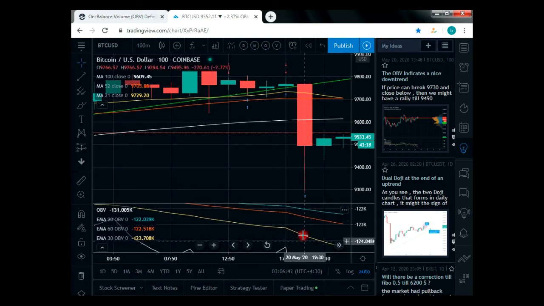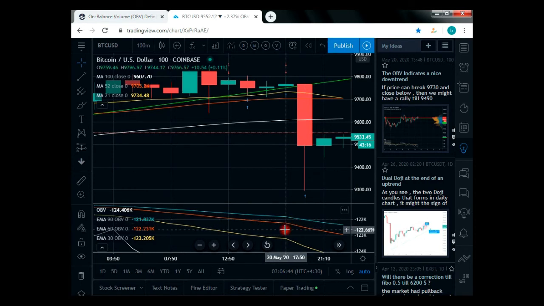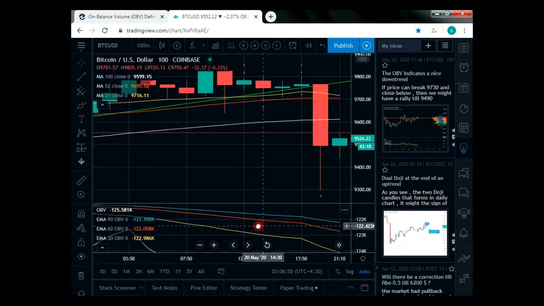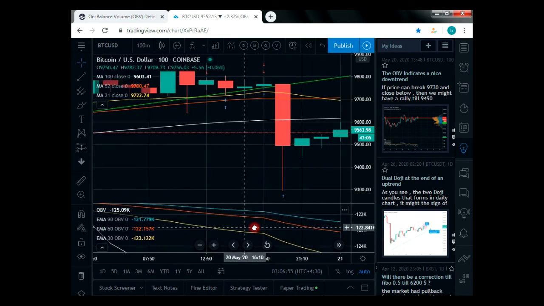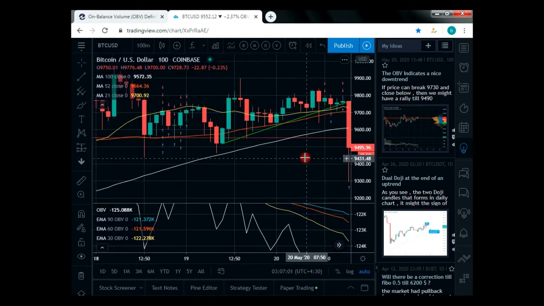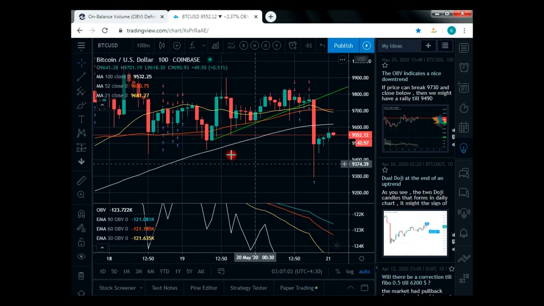And another thing that you might consider is that the three moving averages on unbalanced volume are separated widely and show a downtrend, while price indicates an uptrend, not a strong uptrend, but it is an uptrend.